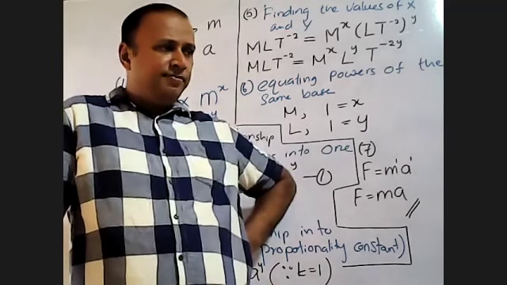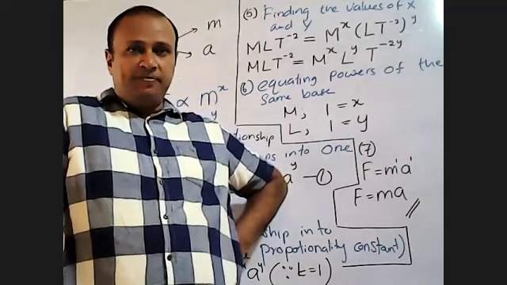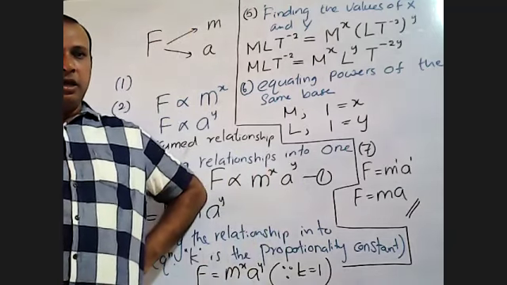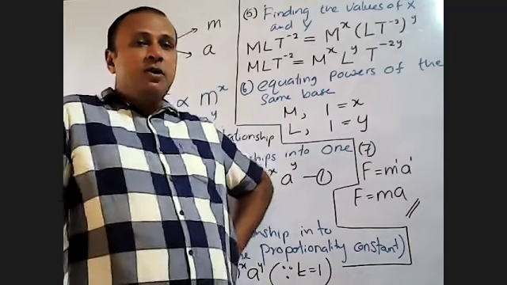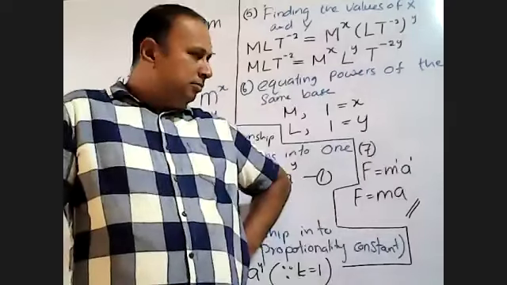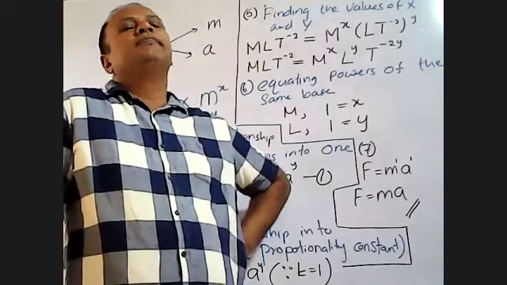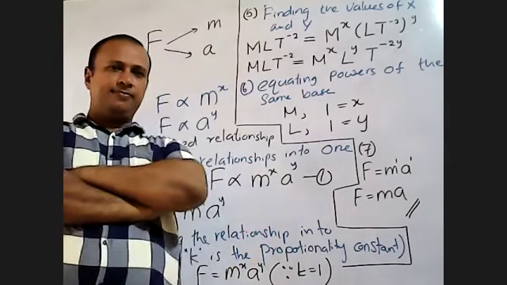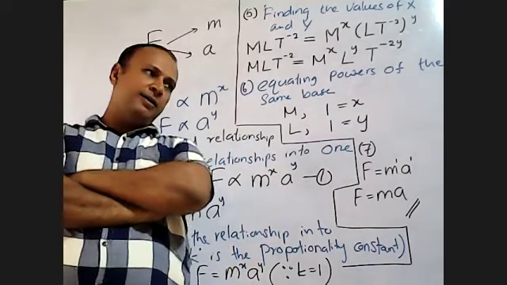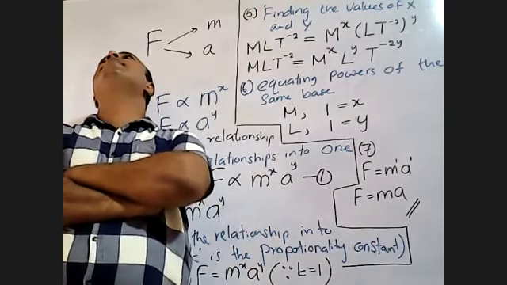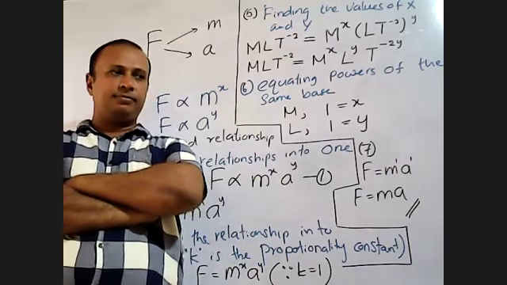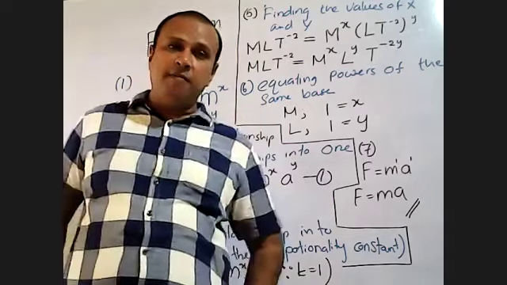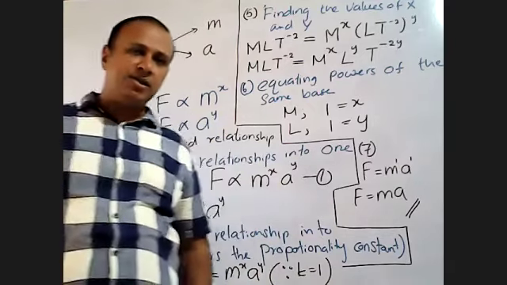If the proportionality constant is 1, build a formula combining these three variables.